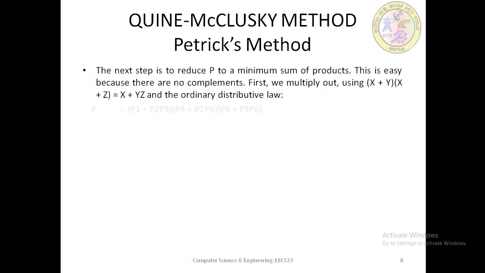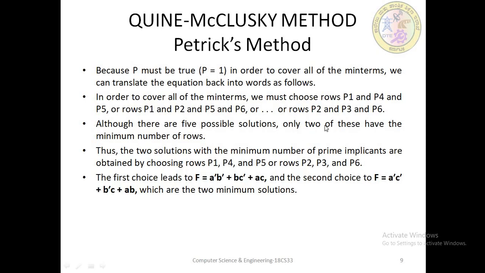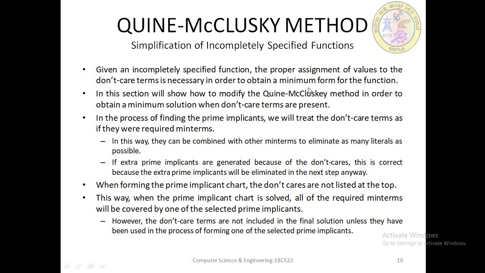The same thing has been explained here. Hope you guys are getting that. Although there are 5 possible solutions, only 2 have been considered with a minimum number of rows. Thus the 2 solutions with the minimum number of prime implicants are obtained by P1, P4, P5 and P2, P3, P6. This represents this and this represents this, which gives the 2 solutions.